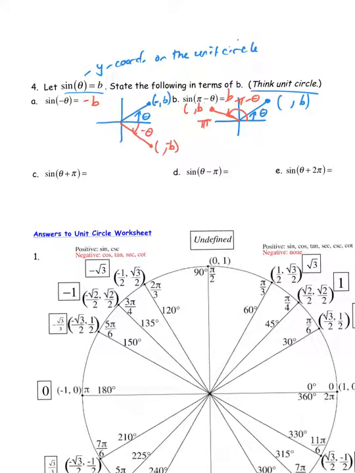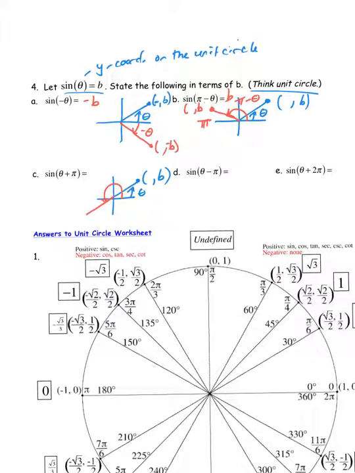The next problem we're supposed to do is sine of theta plus pi. So I'll start this off the same way. I'm going to draw my unit coordinate plane, sketch my angle, think about the unit circle. This coordinate we're given the y value is b. And then if we do theta plus pi, that means we're going to rotate pi more than theta, so we're 180 degrees.